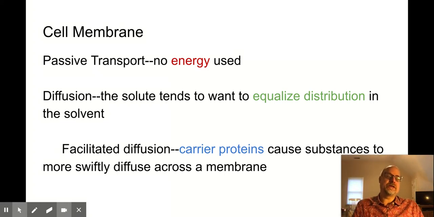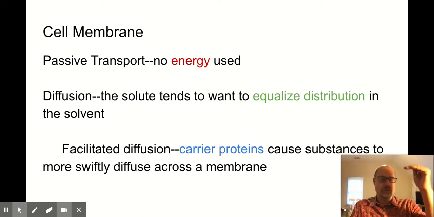That's what diffusion is, that any solute wants to equalize its distribution so it has the same percentage on both sides of the barrier, in this case, the barrier of the cell membrane. So, for instance, things like oxygen, carbon dioxide will pass across the cell membrane.